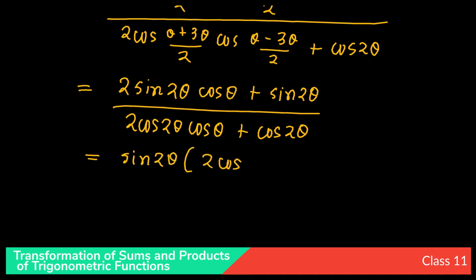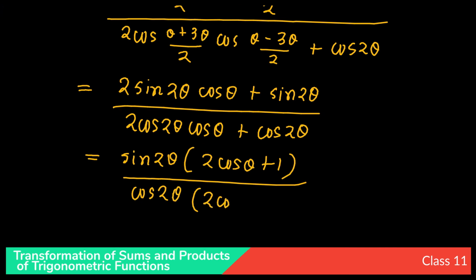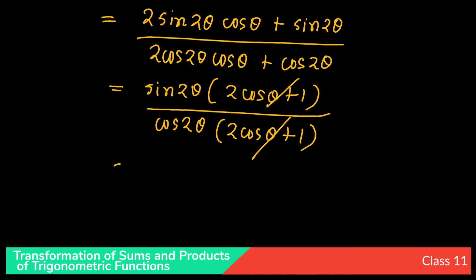So it is 2 cos theta plus 1, and in the denominator we can take cos 2 theta as common. So it is also 2 cos theta plus 1. So you can see that 2 cos theta plus 1 and 2 cos theta plus 1 are getting cancelled. So it is sine 2 theta by cos 2 theta. That means it is tan 2 theta, which is equal to our RHS. So we have proved this.